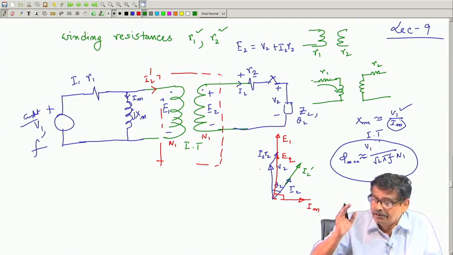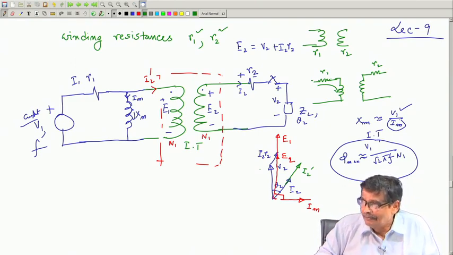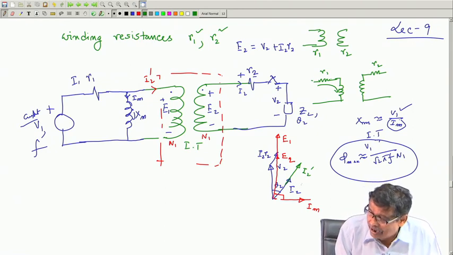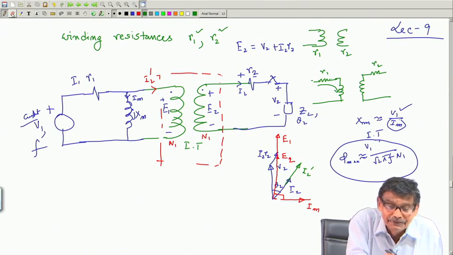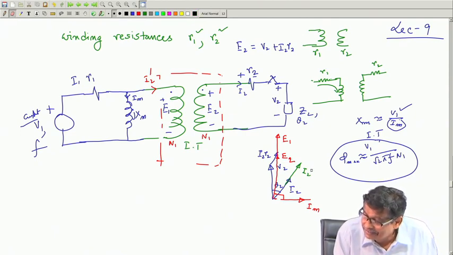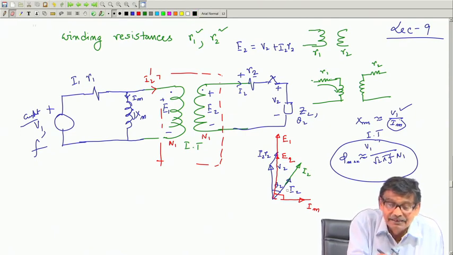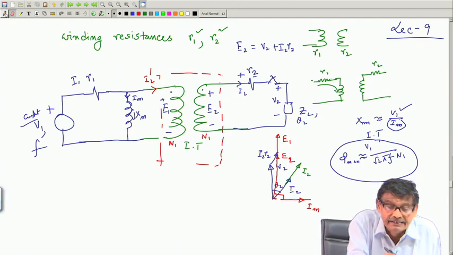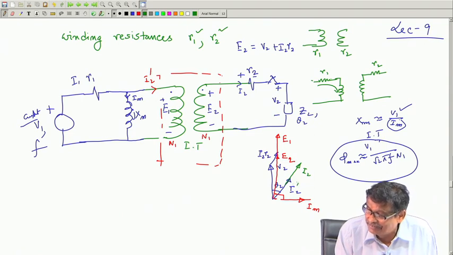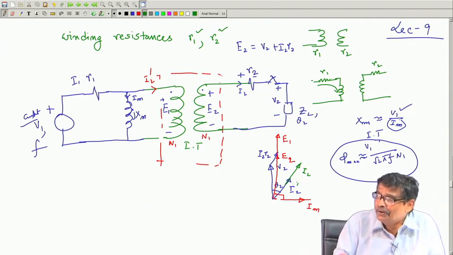So, this will be your, it will be less. So, what I will do is I will make this as I 2, so that this is I 2, and suppose please note these changes, and this is I 2 dashed, because I have shown E 1 is higher.